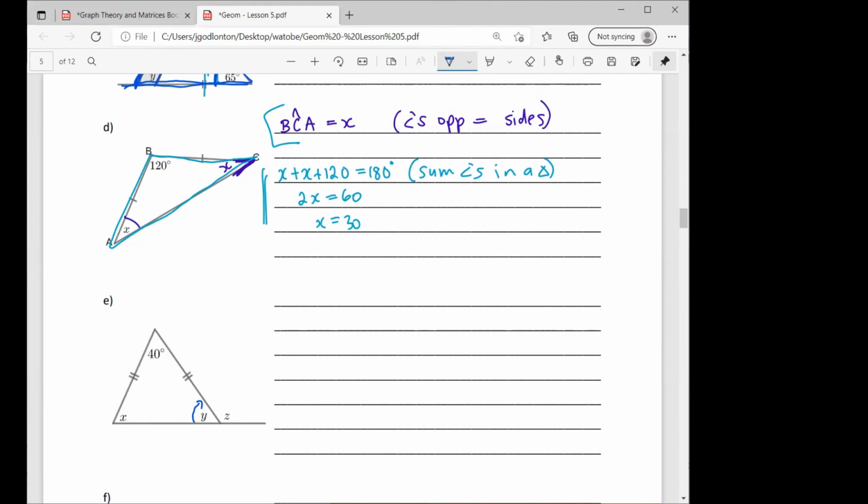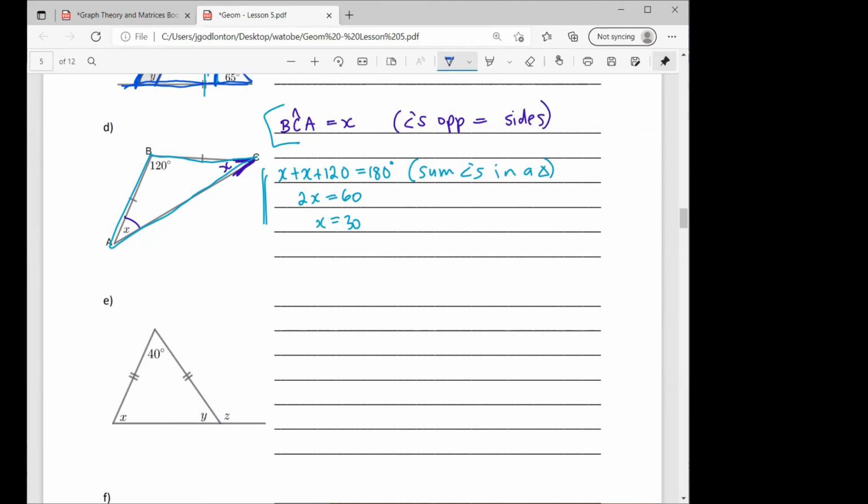Can it? 90 degrees would look like that. And so if it had to be bigger than 90 degrees, that line would have to be on the other side of that 90-degree line. But it's smaller than 90.